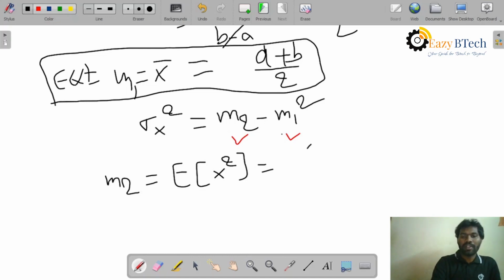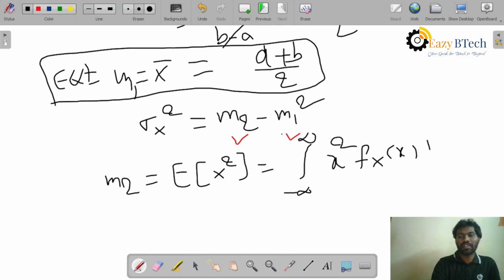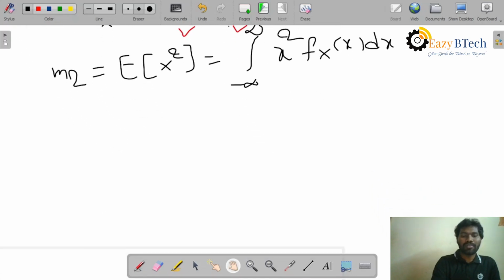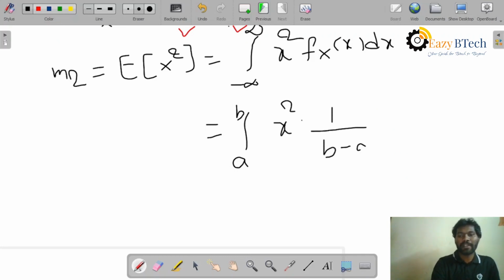It is given by the integral from minus infinity to infinity of x square into fx of x dx. Now just substitute your density function in this expression. The integral limits are from a to b, x square into 1 by b minus a dx.